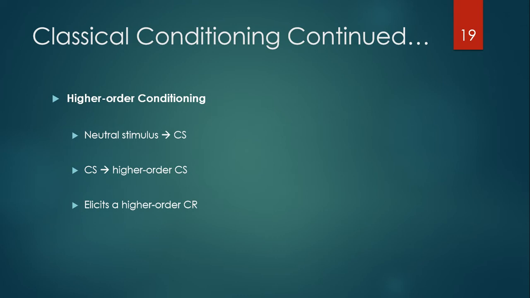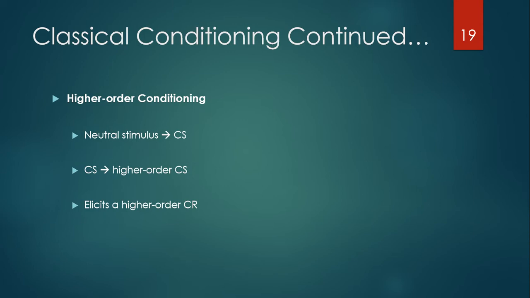So in higher order conditioning, we pair a conditioned stimulus with a higher order conditioned stimulus, which is just another neutral stimulus that has learned to be associated with a conditioned stimulus. So we've got three stimuli going on here.